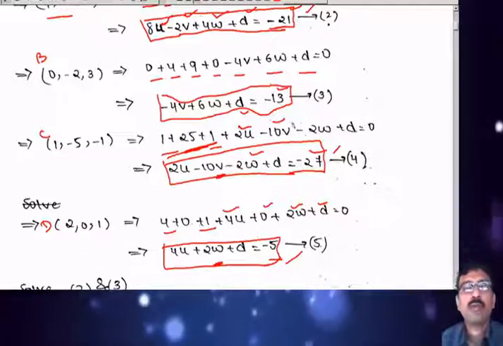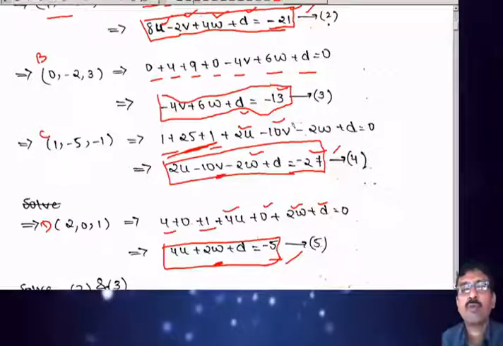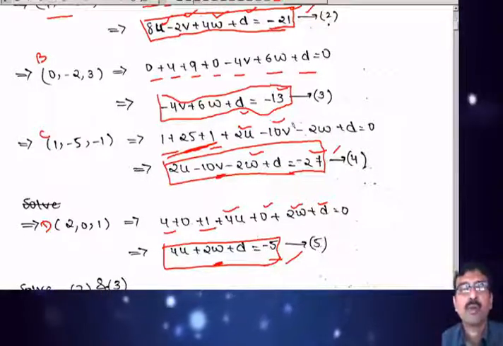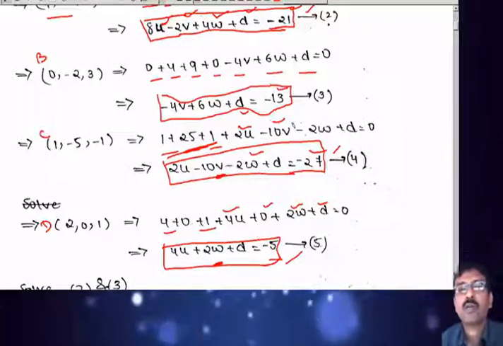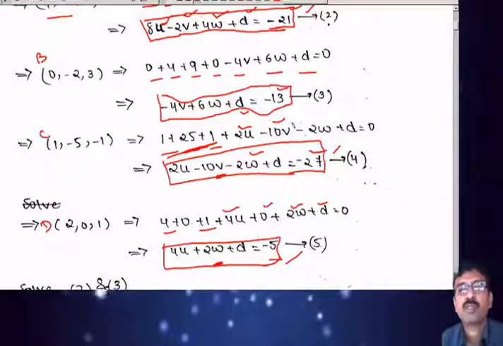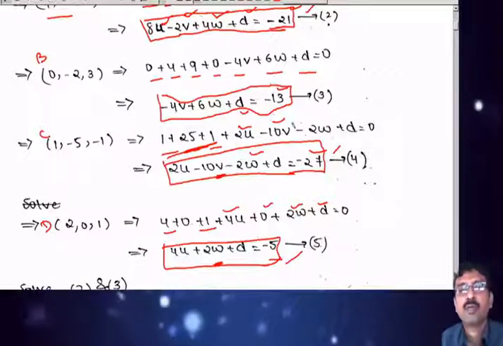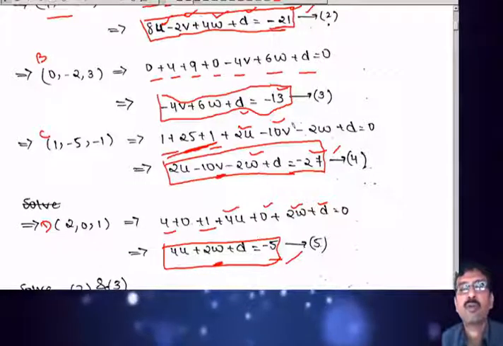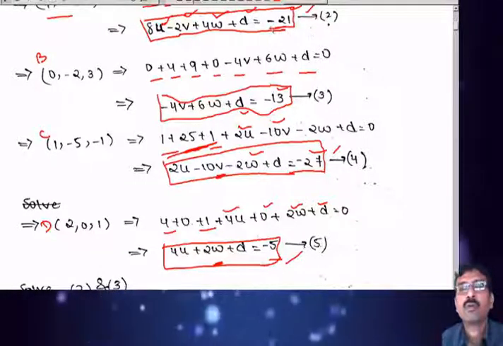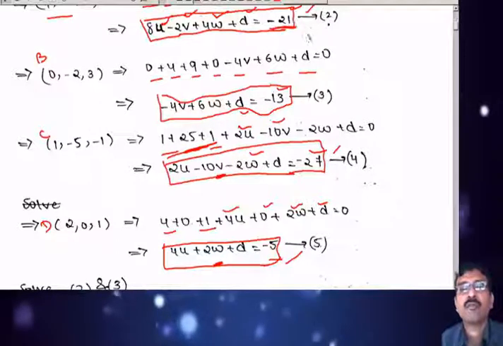So next we are going to solve these 4 equations very carefully. This step is very important. If you make any small mistake, the answer will go wrong in a larger way.